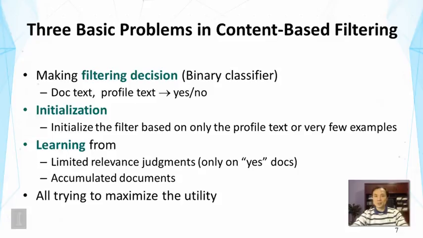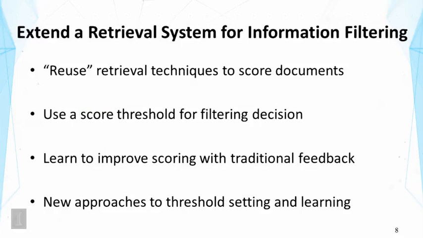If we don't deliver a document to the user, we would never know whether the user likes it or not, right? And we can accumulate a lot of documents and can learn from the entire history. And all these modules would have to be optimized to maximize the utility. So how can we build such a system?